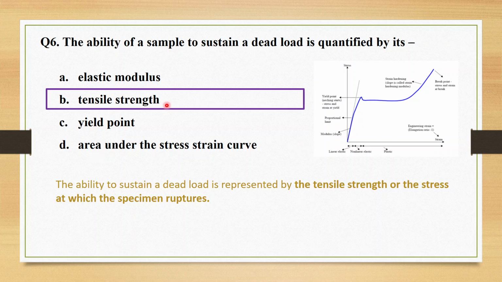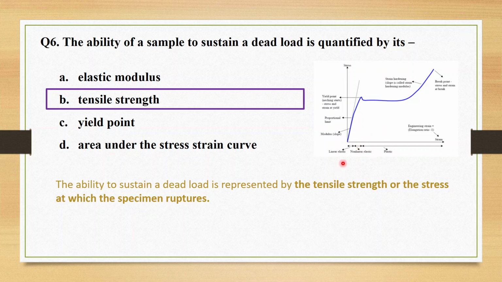The answers that I have got: tensile strain, C that is yield point, and D that is area under the stress strain curve. Okay. So first of all, if I look at option C, yield point, why won't it be correct? Because yield point is generally your identification of when it goes from elastic state to plastic state. So here initially you have your linear elastic state. After some point, one second.